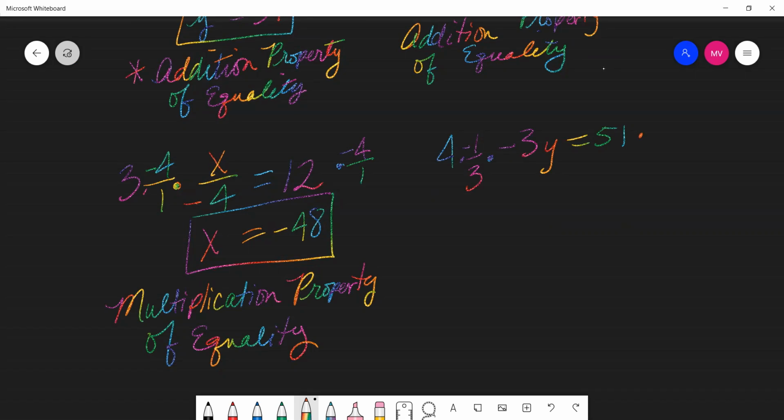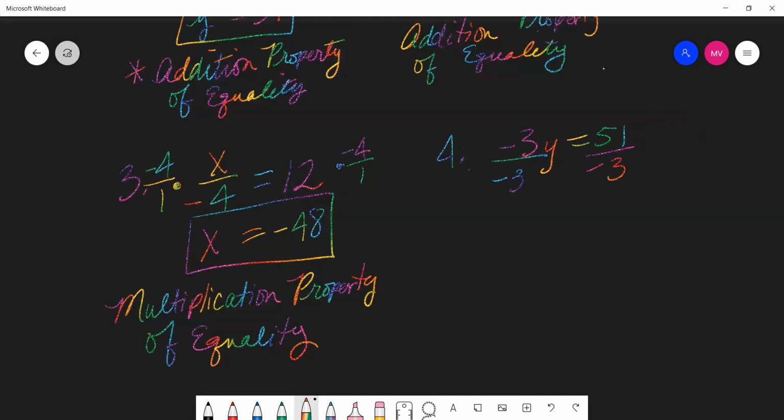So anyway, you can write division as multiplying by a fraction. This is really the same thing. Okay.